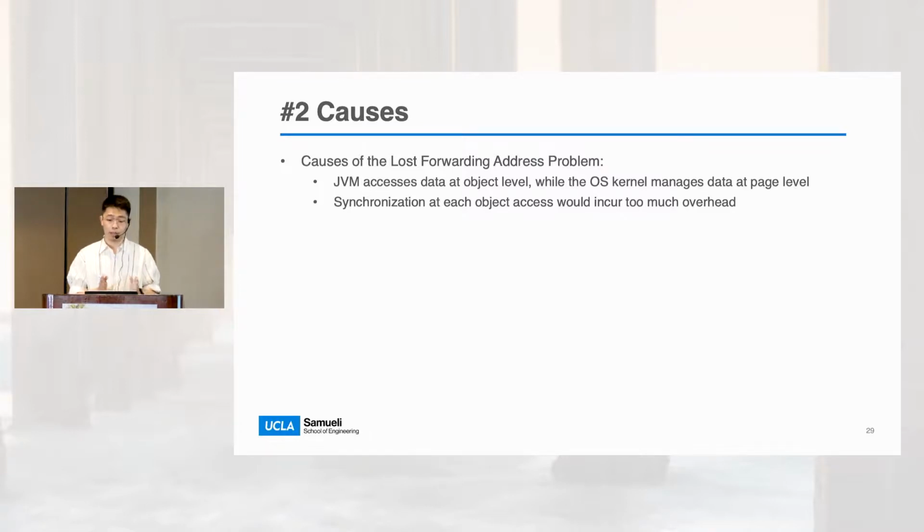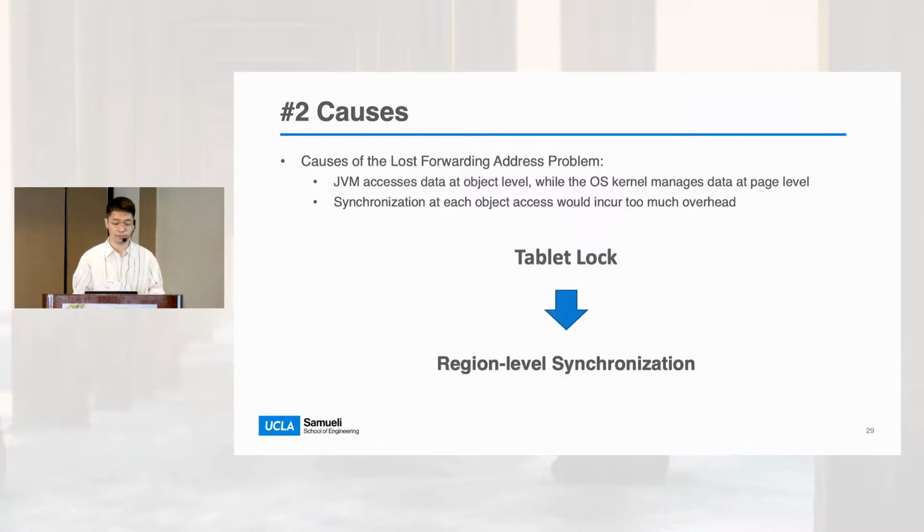Actually, this problem is caused by the granularity mismatch of object access and data swapping. The JVM accesses data at object level, while the operating system kernel manages data at page level. But if we synchronize on each object access, then that would incur too much overhead. So we designed a tablet lock so that we can achieve region level synchronization.